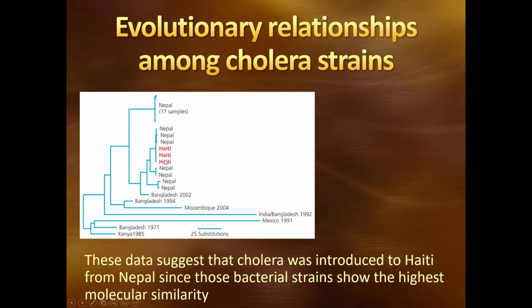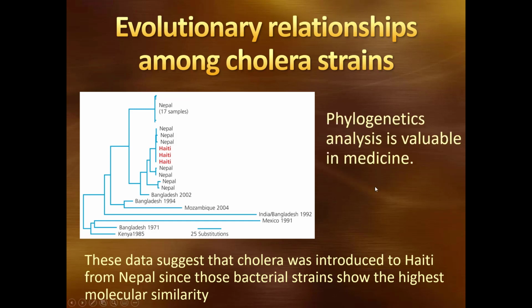We compare these samples, we look for similarity in DNA, just like we would on an evolutionary time scale, because in many ways, for viruses, this is more of an evolutionary time scale. And so we can trace that. So we can definitely use evolutionary biology to understand the origin of particular strains and the order in which they diverged geographically. So this is a valuable tool that we have in medicine.